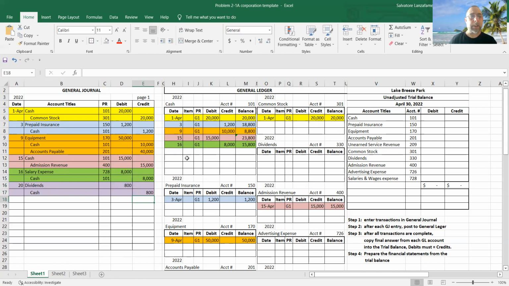All righty, so let's go ahead and do that posting. So put in the date, which would be April 20th. Nothing in the item. G1. We are going to debit the dividends. Remember, dividends is a debited account.